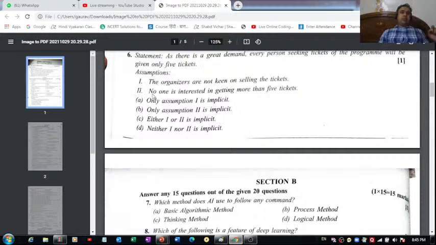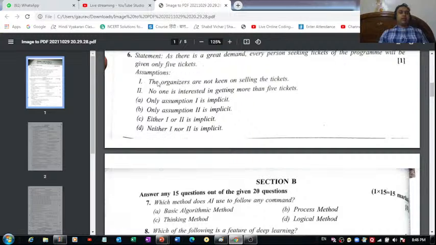The second assumption is no one is interested in getting more than 5 tickets. Now, out of these four, which option do you think is the correct one? The first option is only assumption 1 is implicit. The second option is only assumption 2 is implicit. Either 1 or 2 is implicit, neither 1 nor 2 is implicit.